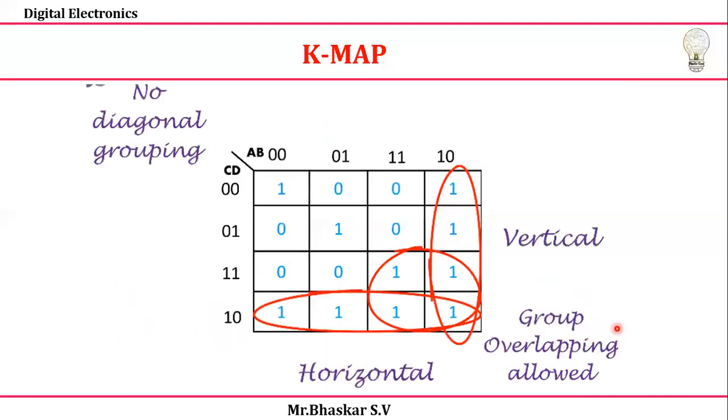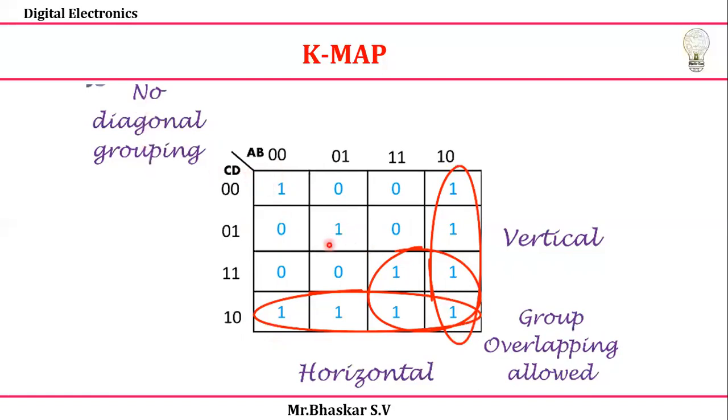Next, while grouping, diagonal grouping is important. For example, here we have already represented a 4 variable K map. In this case, diagonal grouping is not possible. No diagonal grouping.